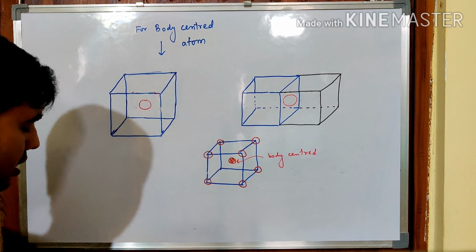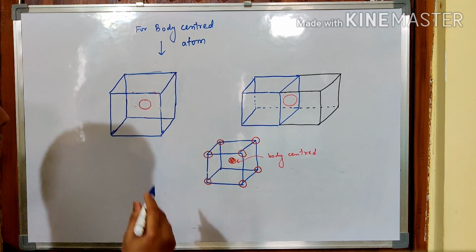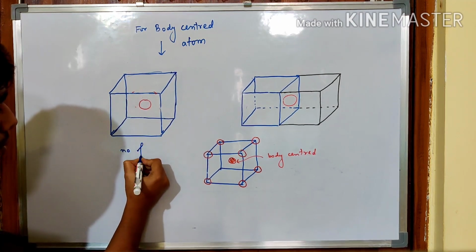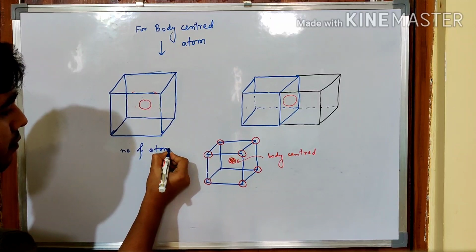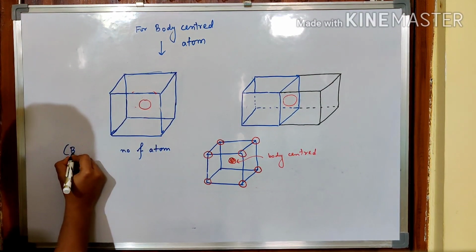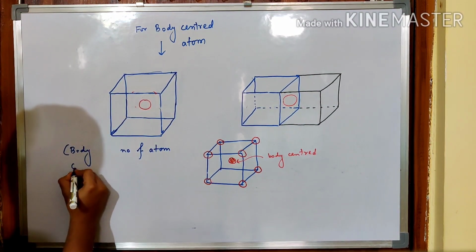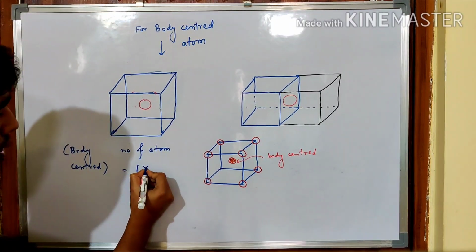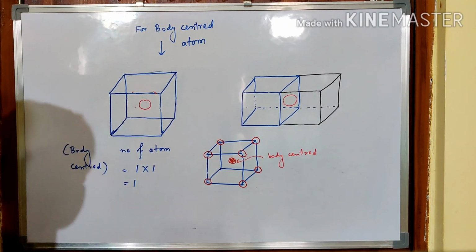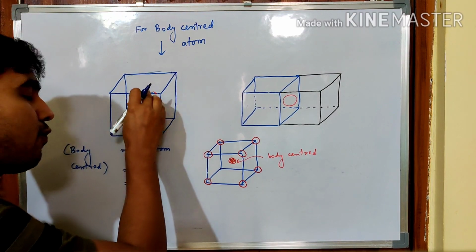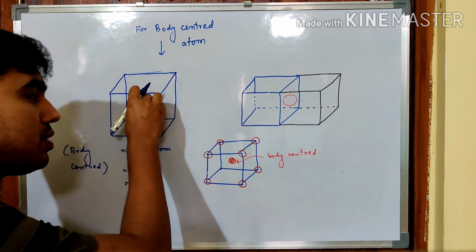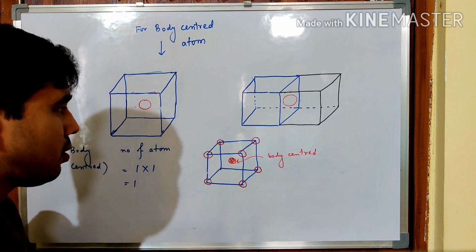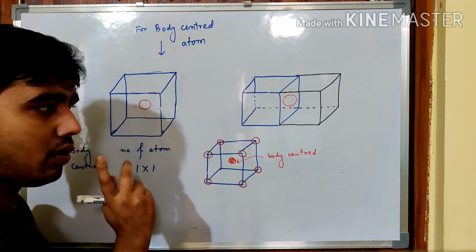It is fully inside. So how many body-centered atoms are within the unit cell? It is number of atoms, for body-centered will be 1 into 1, that is 1. Again, this is fully inside, so total part of this atom is within the unit cell itself because it is exactly present at the center of the body. So it is 1 into 1.